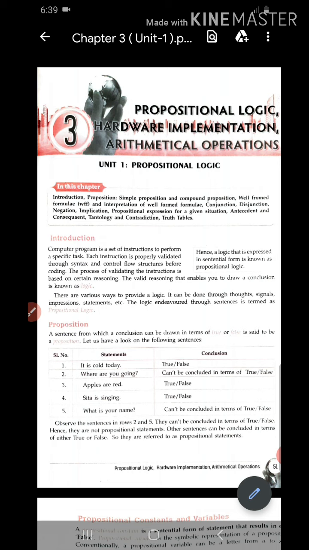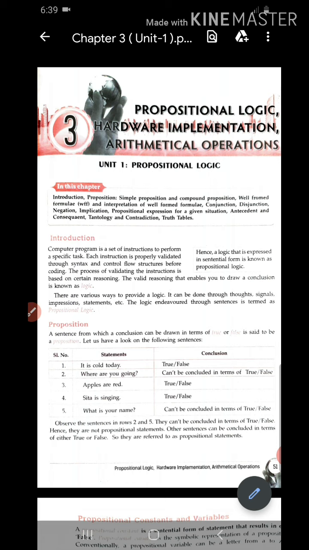Each instruction is properly validated. Validated means it is the correct one through syntax and control flow structure. Control flow structure means when we are using curly braces, when we are using switch cases, when we are using loops and all, we have to use a proper structure before coding.